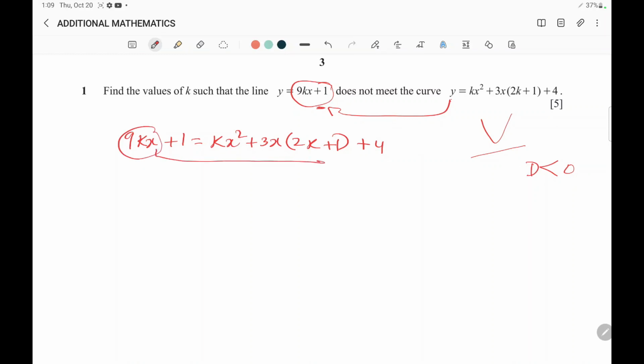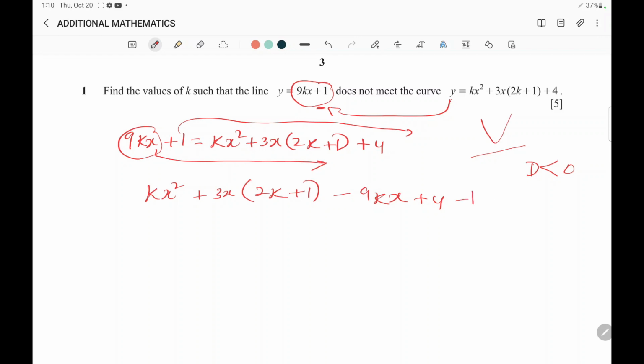So we have to shift all terms to the right side. We can write kx squared, then 3x times 2k plus 1, and minus 9kx because it is shifting to the right side, so the sign will change, and plus 4, and since 1 shifts to that side, minus 1. And on the left side we have nothing, so that's 0.